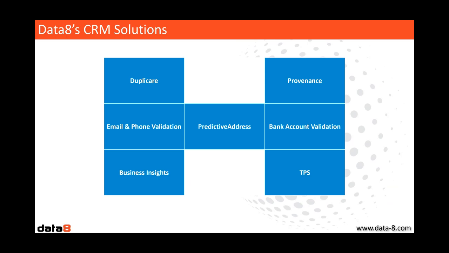So we've got Provenance, which is our GDPR compliance tool, to help you manage things like the right to erasure and managing consent. We've got a few across the middle there, which are all about validating different types of data, so email and phone validation. Predictive Address is all about helping you enter valid addresses and improving that customer experience as you do it, making that a nice autocomplete solution.